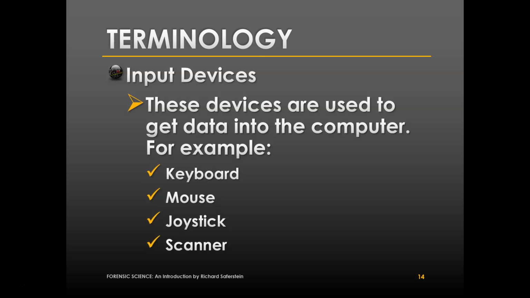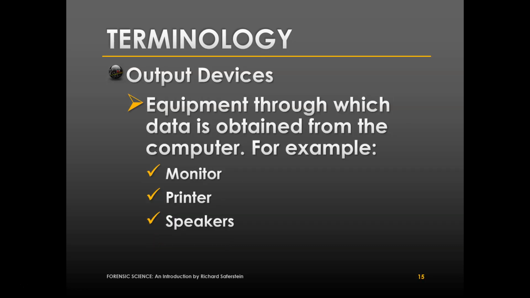Some examples of input devices are the keyboard, a mouse, if you're a gamer, a joystick, a scanner, all of these things that we can connect either wirelessly or with wires to our computer. We also have output devices, and this is equipment through which data is obtained from the computer. For example, the monitor, the printer, the speakers, things that are going to put out information.